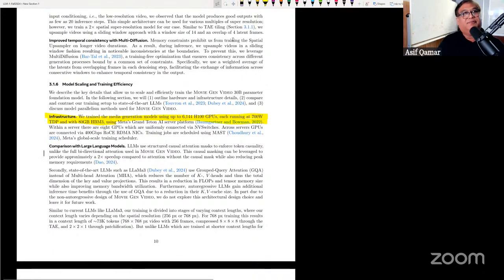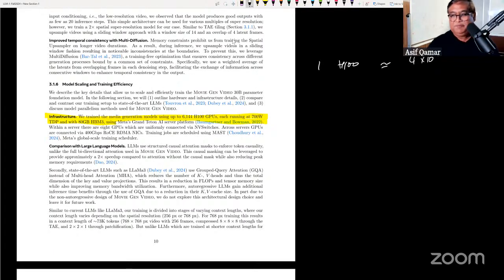One GPU, if you try to get in the open market, is about 40K. Right? So one H100 is 40K. That is 4 into 10 to the power 4. Isn't it? Right? And these people have used, give or take, 6,144. Let's make it 6 into 10 to the 3. Right? Multiply 6 dot something and change.